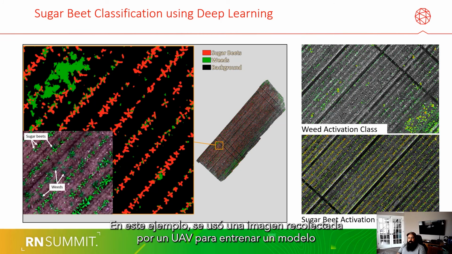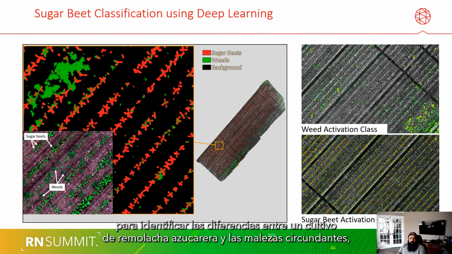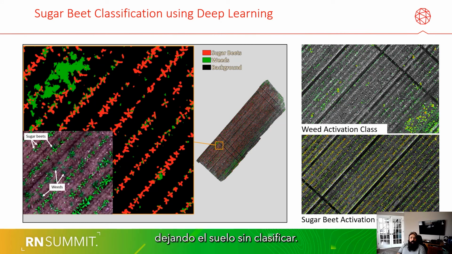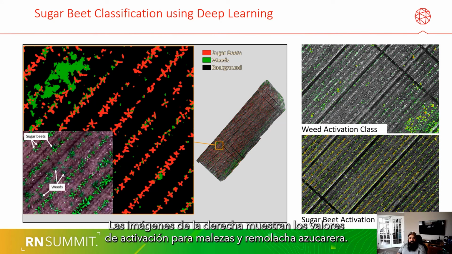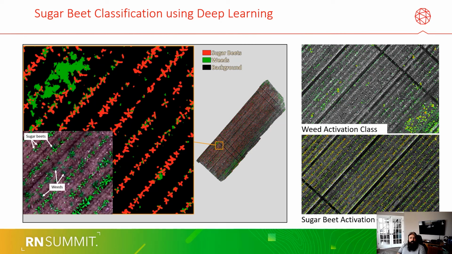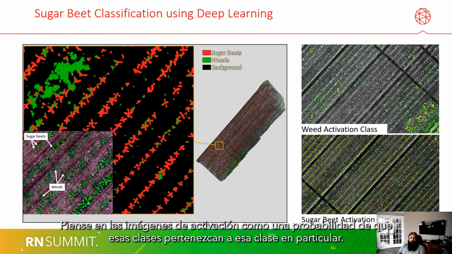In this example, a UAV collected image was used to train a model to identify the differences between a sugar beet crop and the surrounding weeds, leaving the soil unclassified. The images on the right show the activation values for weeds and sugar beets. Think of the activation images as a probability of those classes belonging to that particular class.